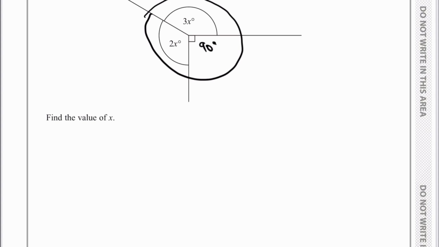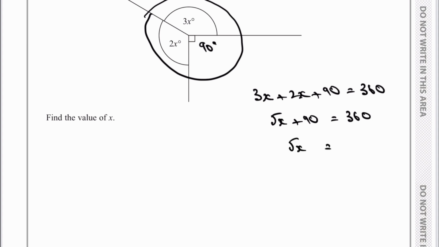So I can write a little formula: 3x plus 2x plus 90 equals 360 degrees, and then it's a case of solving for x. If I make that 5x plus 90 equals 360, I take 90 from both sides, I get 5x equals 270, and then I divide by 5 and get x equals 54, and that's the answer to that particular question.